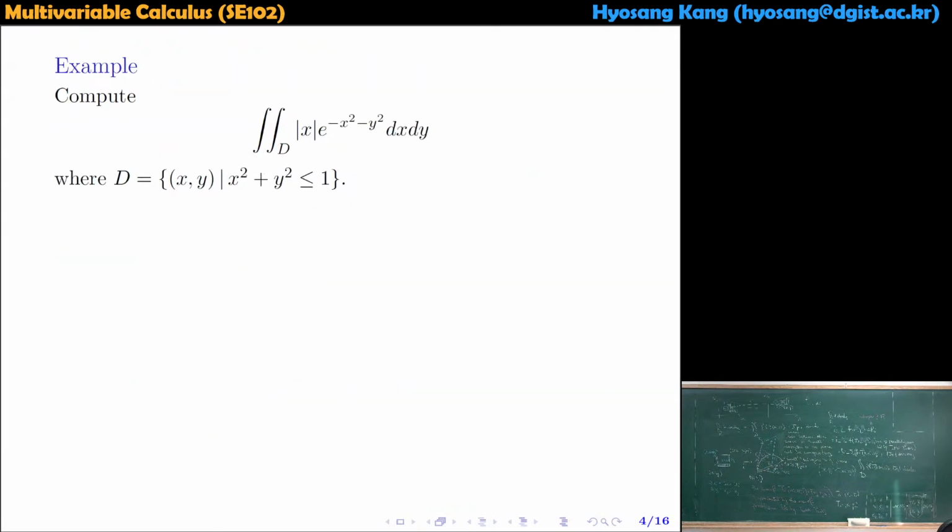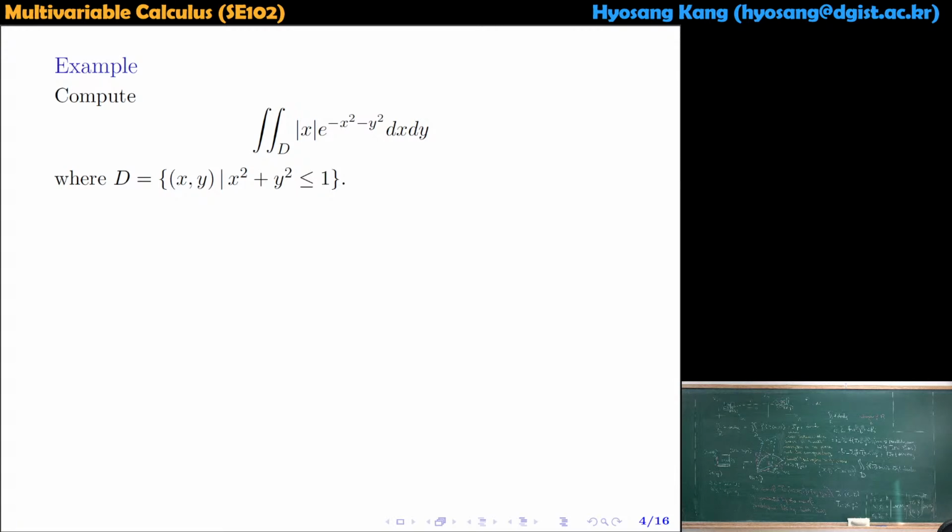So here's a not so easy example, but we are going to introduce one more transformation before we do this example. But first, let's look at the integration without knowing integration by substitution. The way we would have to do it is to express my region D, which is the area of the unit circle, as two equations in x coordinate or y coordinate, and then compute this by Fubini's Theorem.